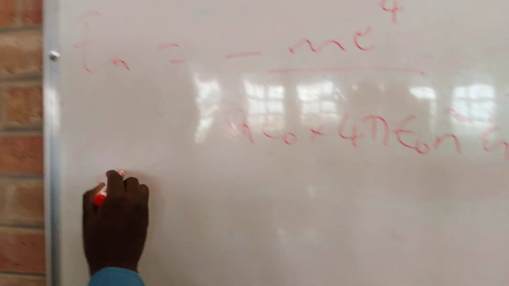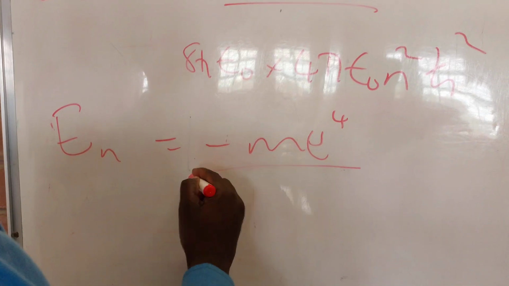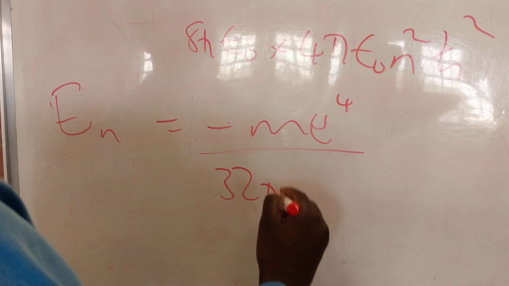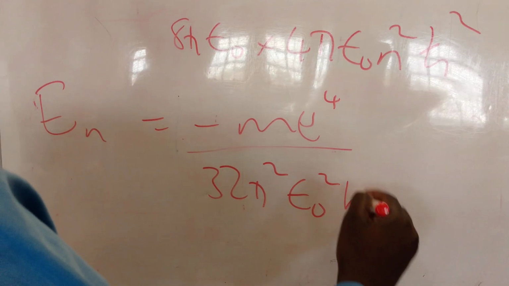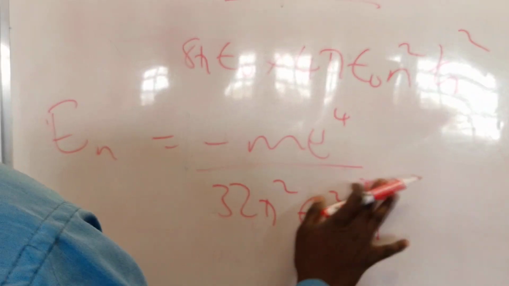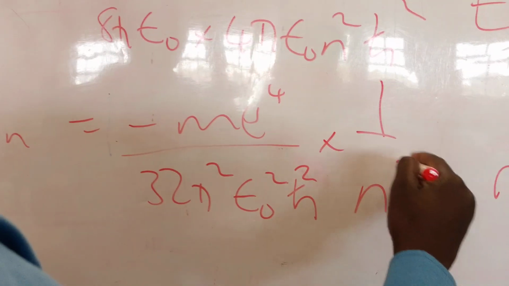So this reduces to minus m e to the power 4 over 32 pi squared epsilon naught squared h bar squared times 1 over n squared.